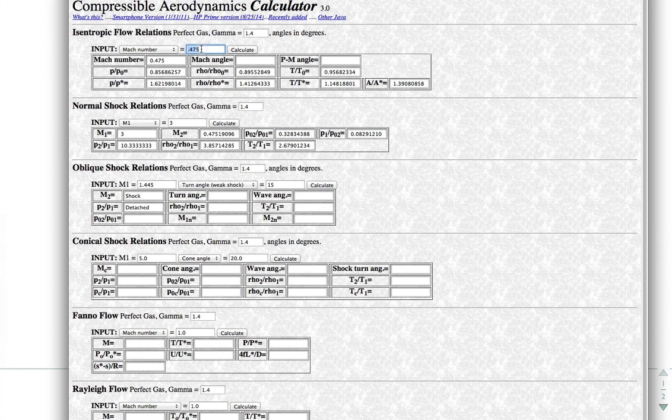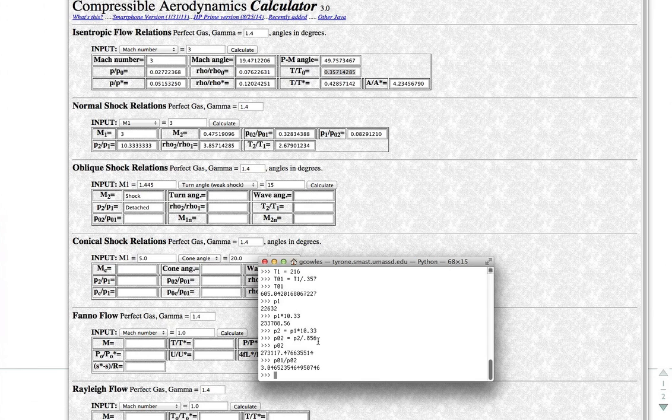We bring it from Mach 3 down to 0 isentropically, and we get our stagnation temperature. 0.357 is our ratio. So we have T1 out here was 217. We have T01, let's call it T01 for now, equals T1 over 0.357, 607 K.